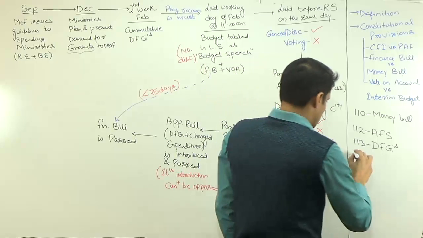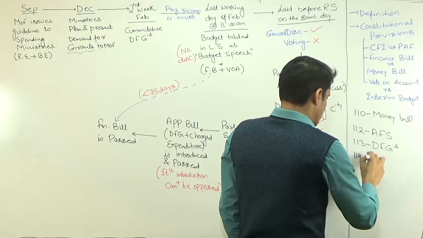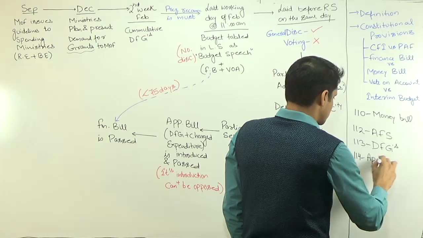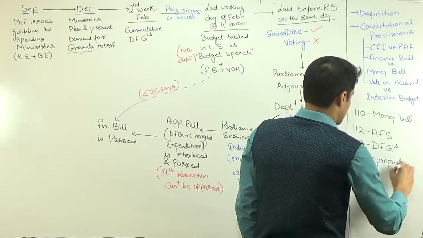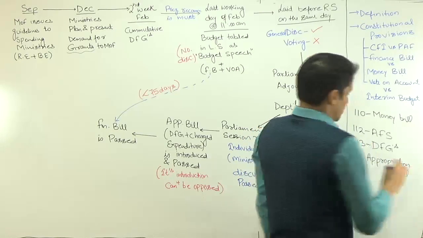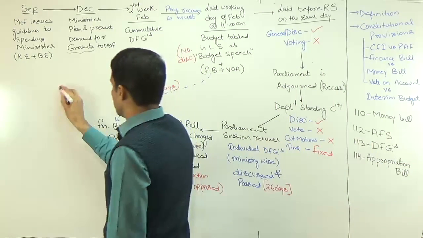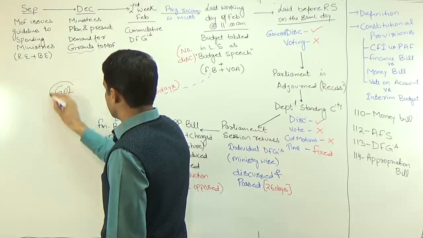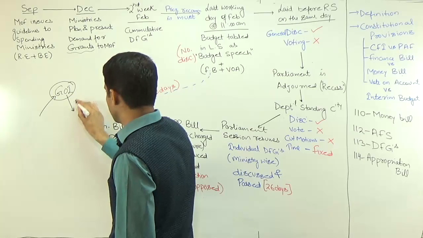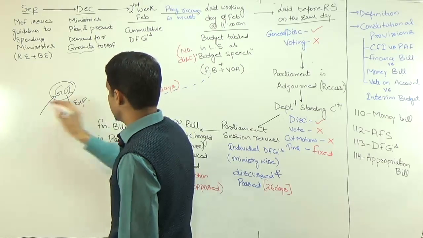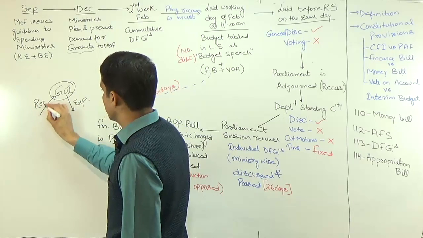Then we have Article 114, which is related to the appropriation bill. Now suppose this is the Government of India. The Government of India is receiving something, getting the receipts, and that is the receipts part.